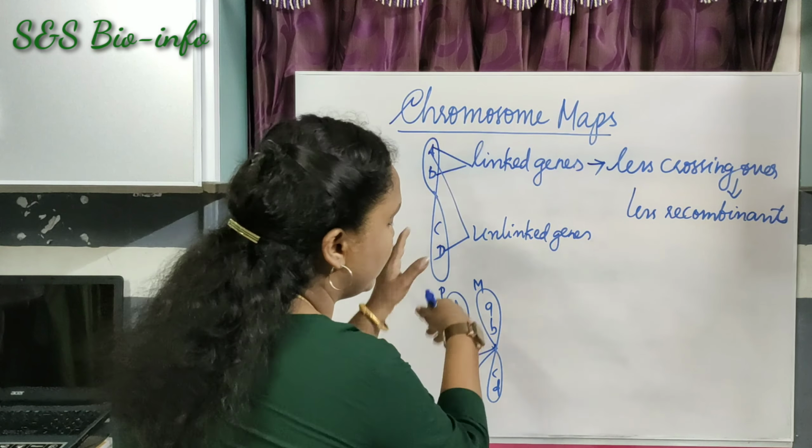Frequency of recombination is equal to the total number of recombinants divided by the total number of progenies.